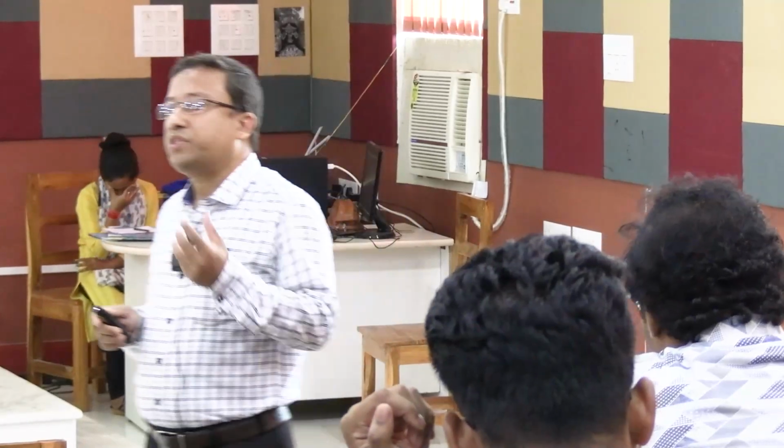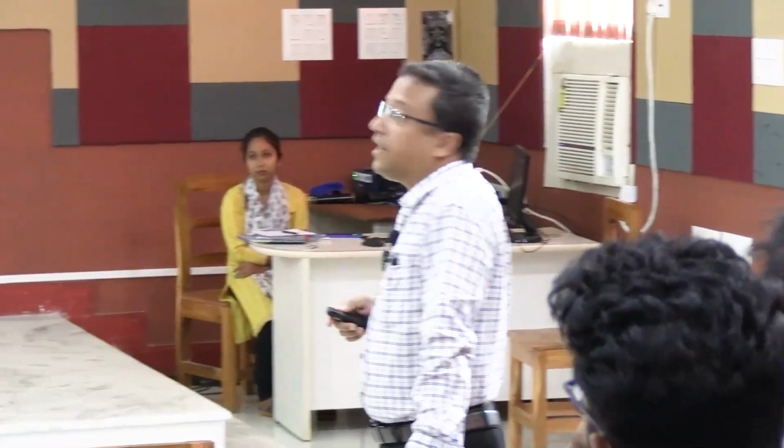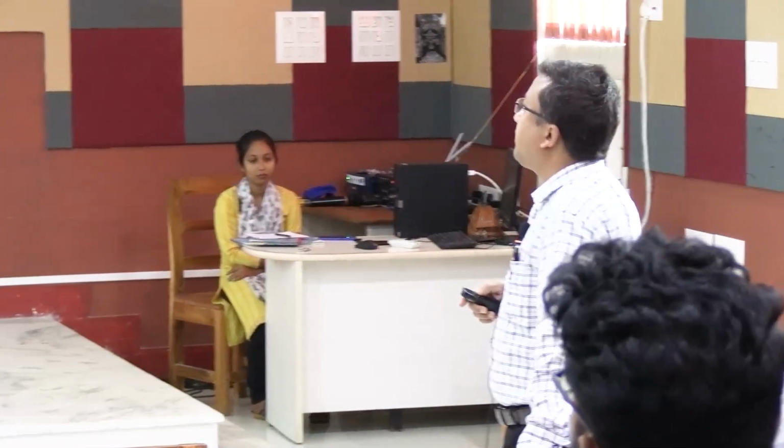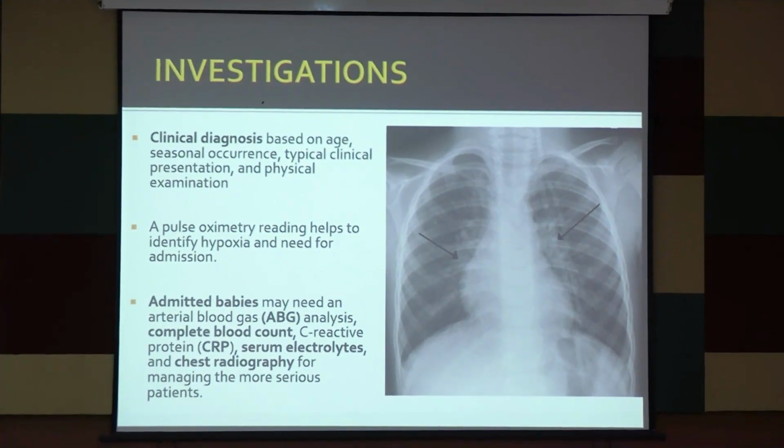Even the patient may present sometimes with respiratory failure in very severe, advanced cases. Okay. So pulse oximetry, I have already said, helps to identify hypoxia and the need for hospitalization. Okay. Admitted babies may need arterial blood gas analysis, complete blood count, CRP, serum electrolytes, and chest radiograph.